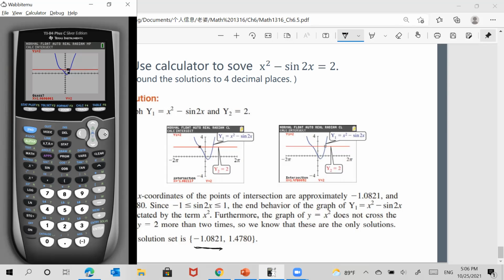Guess, I'm guessing. So click this button because I want to move my cursor close to the intersect. So maybe it's here. I hit enter.